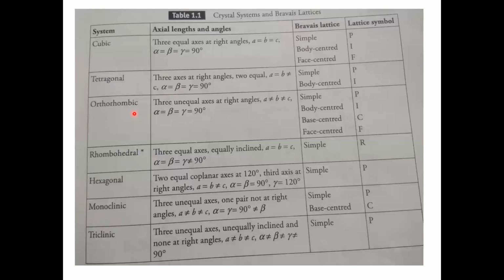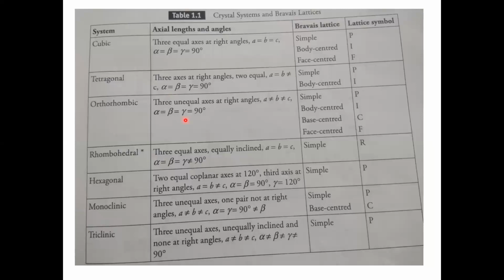Then third is orthorhombic. In orthorhombic, the relation between lattice parameters is A is not equal to B, not equal to C, and alpha, beta, gamma is 90 degrees. All the axial lengths A, B, C are not equal. For example, A is 4 centimeter, B is 5 centimeter, and C is 6 centimeter. But alpha, beta, gamma is 90 degrees.